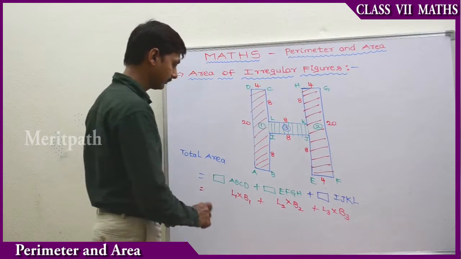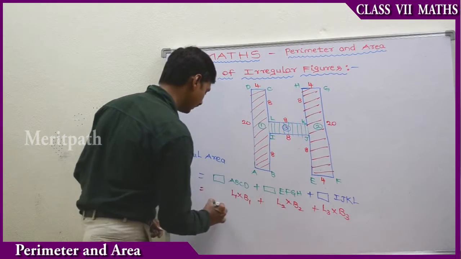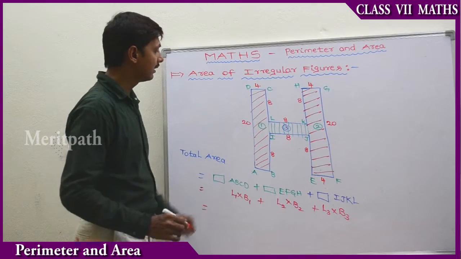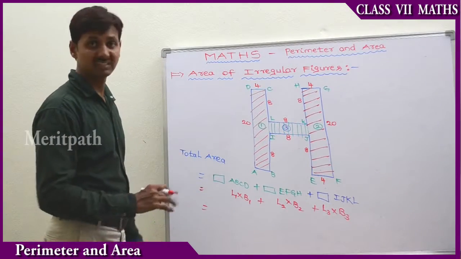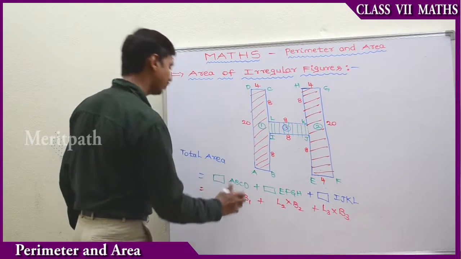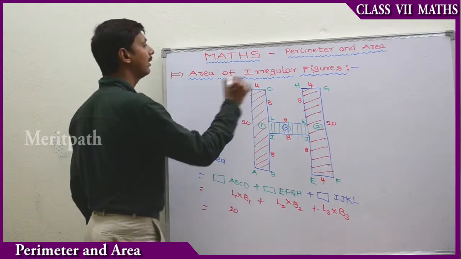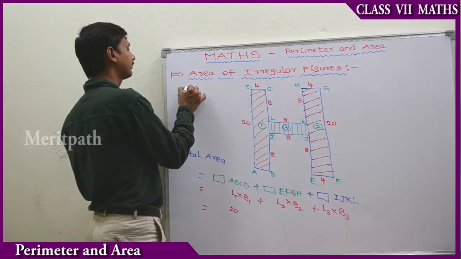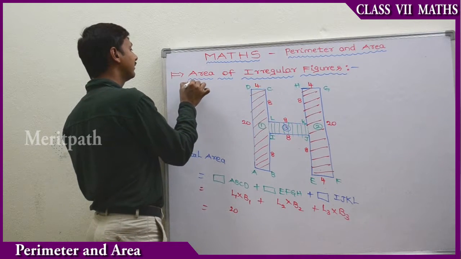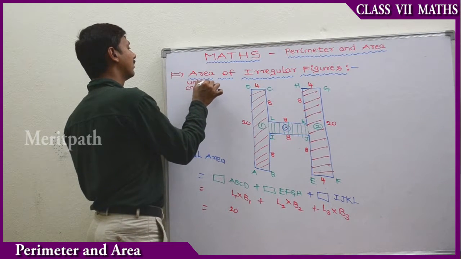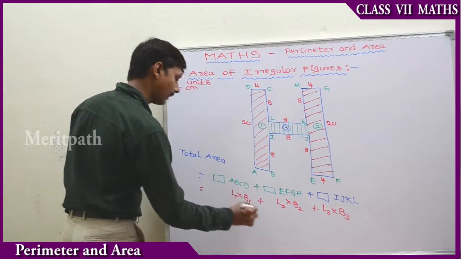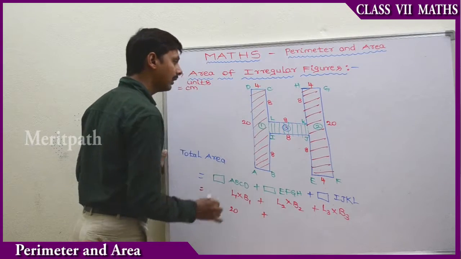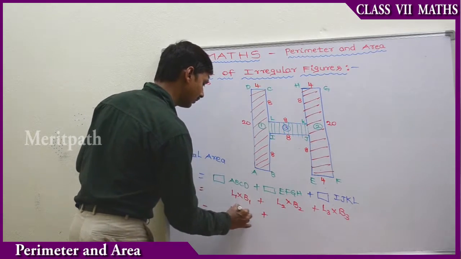Let's find the area of each figure. The length is given in this irregular figure as 20 centimeters. All units are in centimeters.